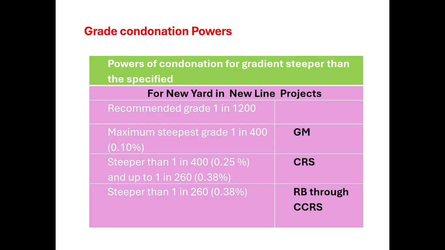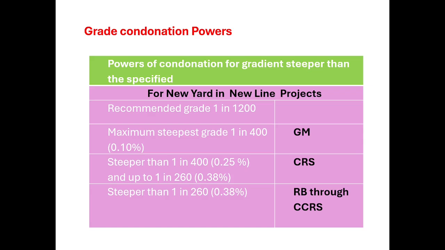Otherwise, normally we shift the station where we have the grade. If that is not possible, we have to ensure a flatter gradient, and the maximum steepest gradient is 1 in 400. In that case we have to take approval from the GM, general manager.